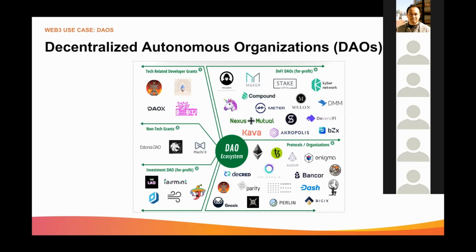I want to make a lot of payments on crypto rails. And I also need an entity to transact and interact with other business partners. So we've seen some of those startups create themselves as a DAO.